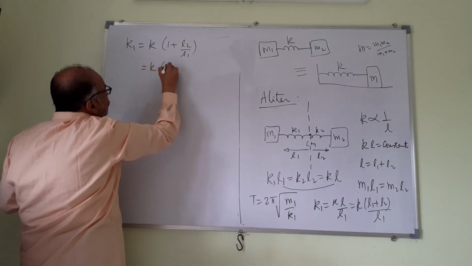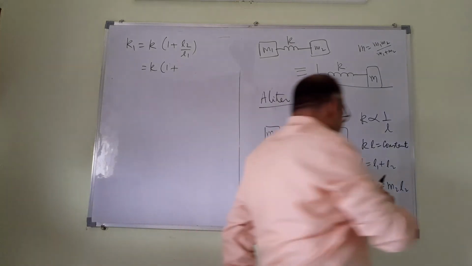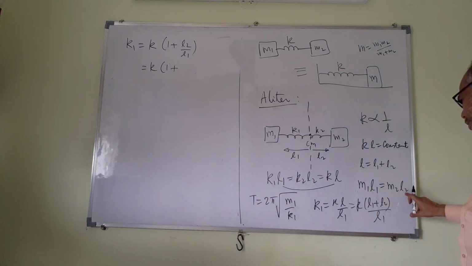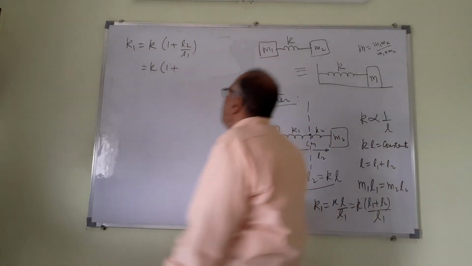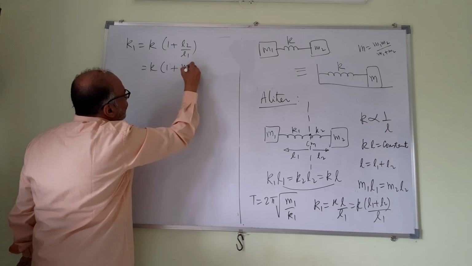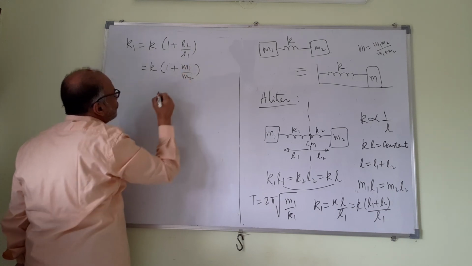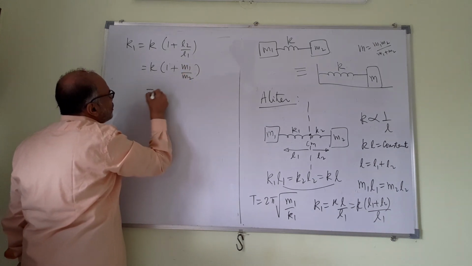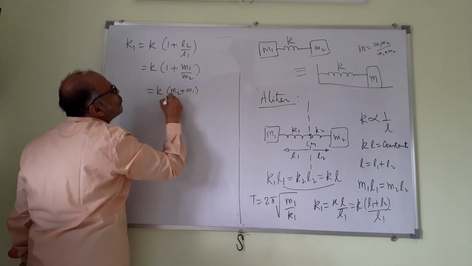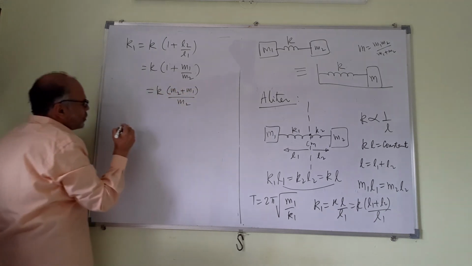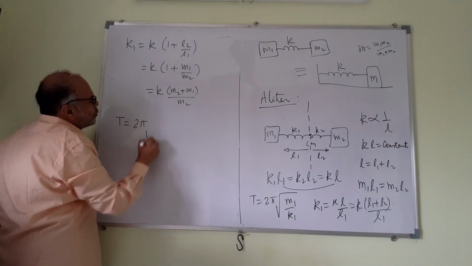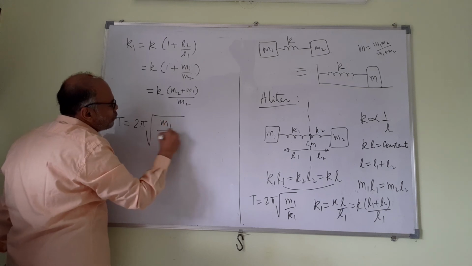Now this is K into 1 plus, I know M1 L1 is equal to M2 L2. So L2 by L1 is M1 by M2. So this would be K into M2 plus M1 by M2. So what is the time period now? T would be 2 pi root of M1 by K1.